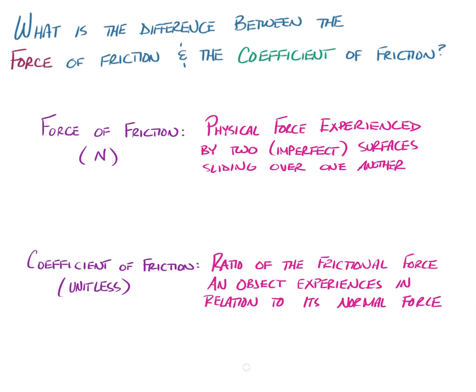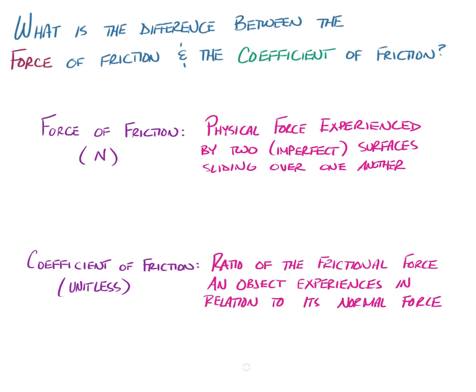The coefficient of friction is a ratio of that frictional force in relation to the normal force that the surface underneath, like a box or whatever, is pushing up on it with. If the ground is pushing upwards on an object with more normal force, then those imperfections are really going to lock in to a deeper degree, because the ground is literally pushing harder up against the bottom of this block.